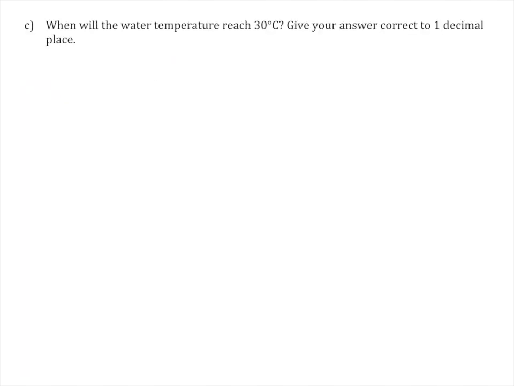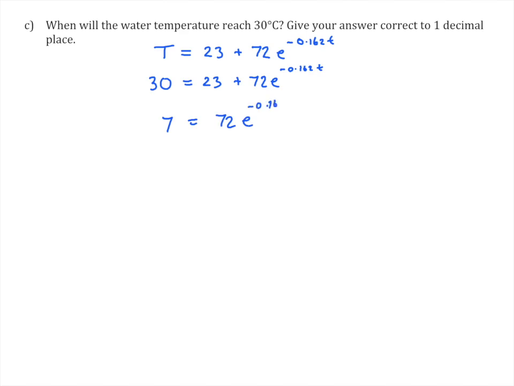Let's keep going. When will the water temperature reach 30 degrees Celsius? Give your answer to one decimal place. Well, we know our formula. Got to write that again. There's our formula. So when will the water temperature reach 30 degrees? Well, that means we want the temperature of the water to be 30. Minus 23 to both sides. Divide both sides by 72.